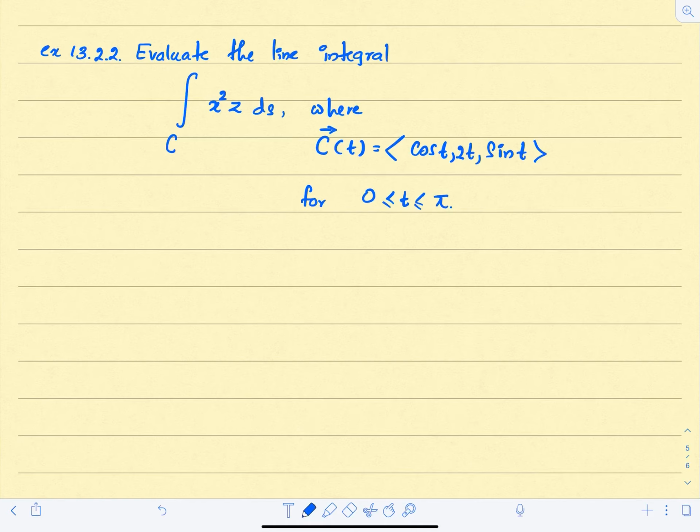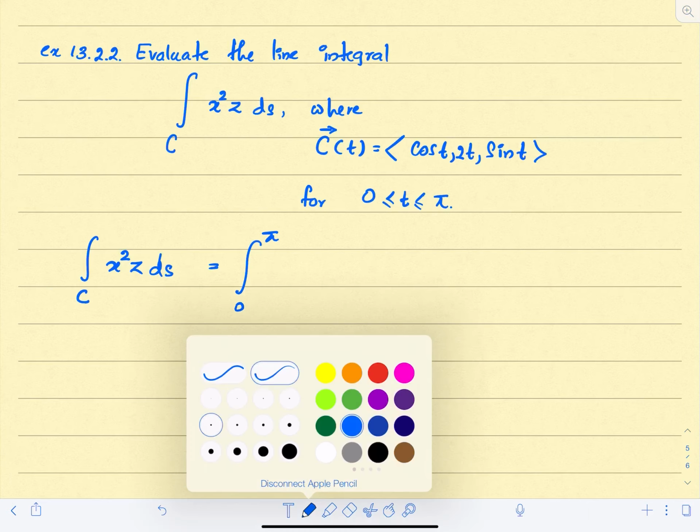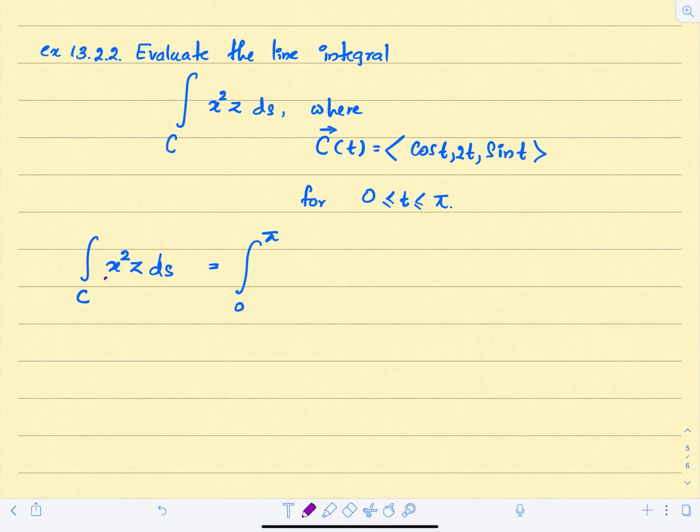Now let's consider this line integral x squared z ds, and this equals the integral from 0 to pi of, now we want to evaluate our function f. In this case our function f is this.